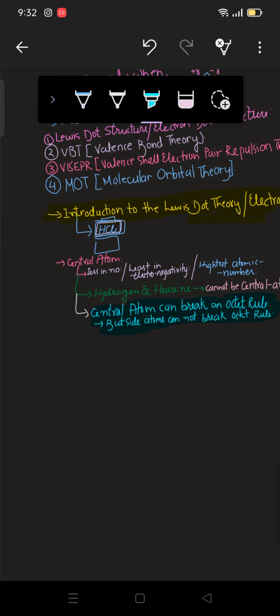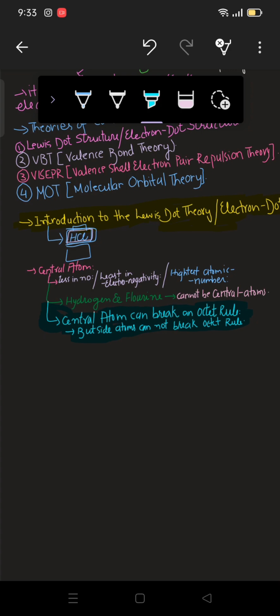We have a factor of maximum covalency as well, but here I will not discuss that. I will discuss that when we make the structures by using Lewis theory. So what we have discussed today is all about choosing the central atom. We know that we need to choose the central atom.